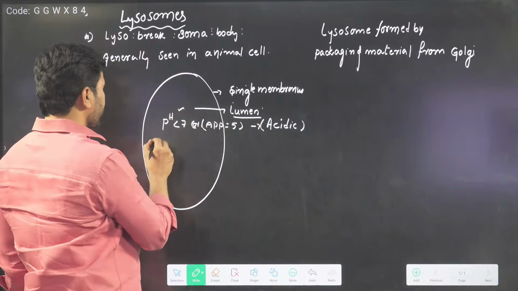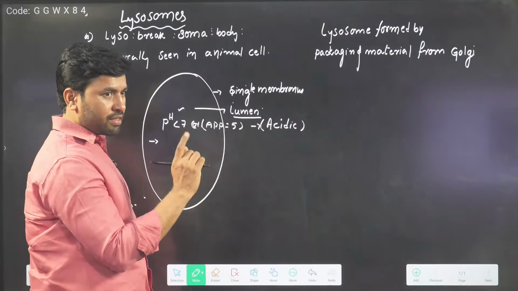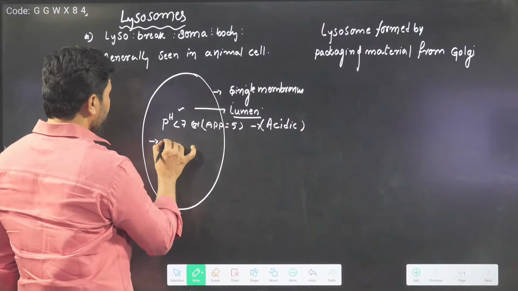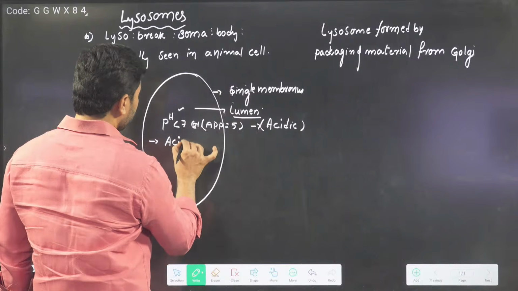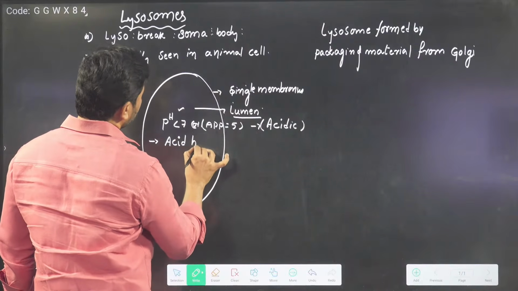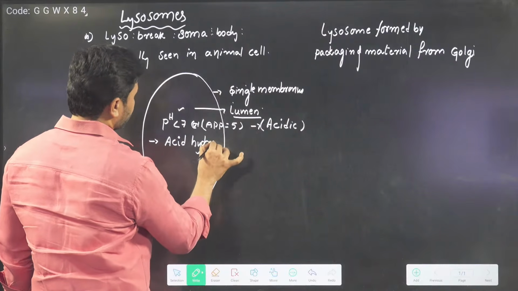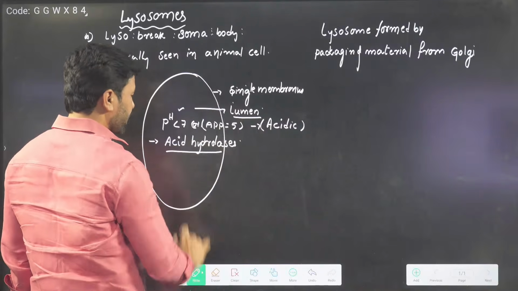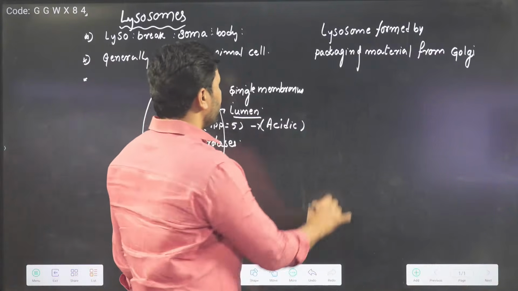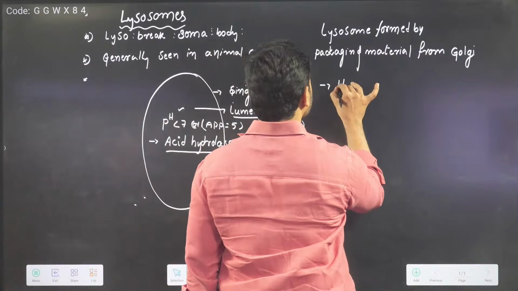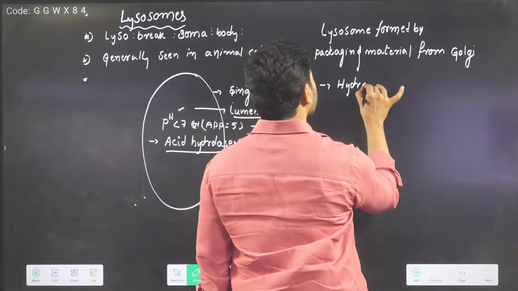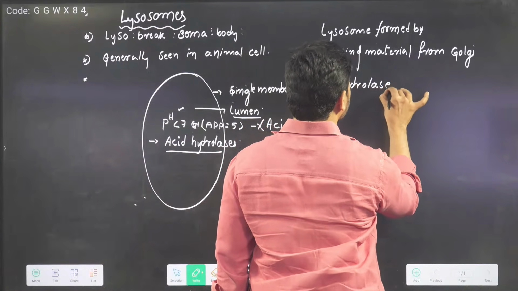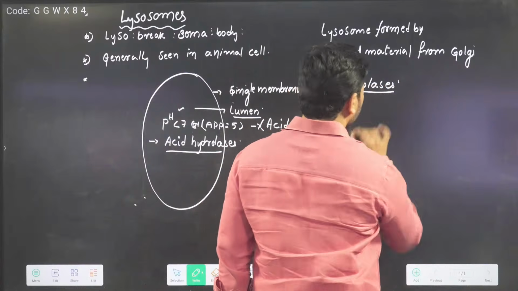The acidic pH carries some special type of enzymes called acid hydrolases. Who are these acid hydrolases? First of all, tell me who are hydrolases?